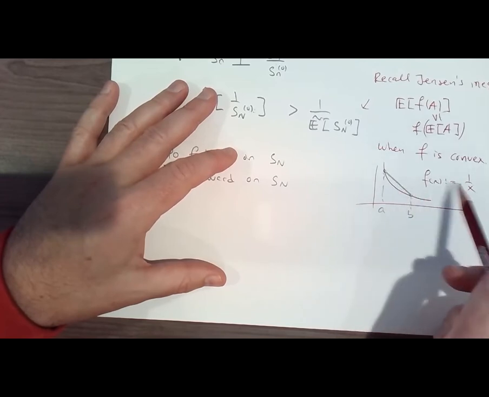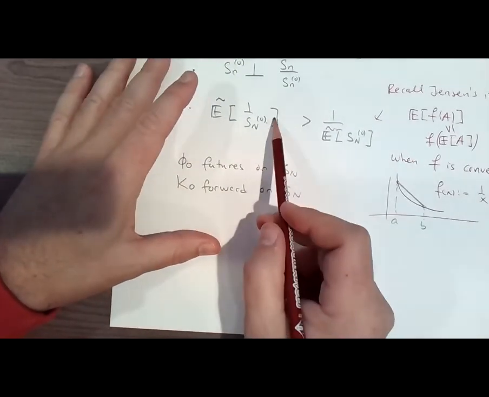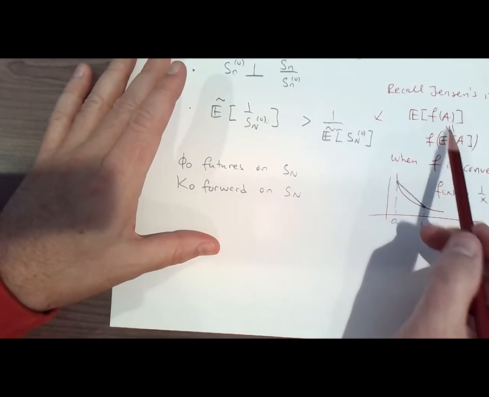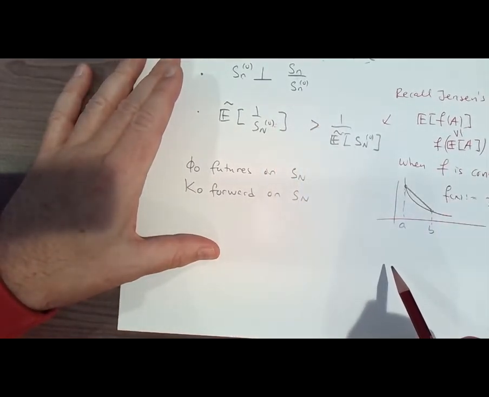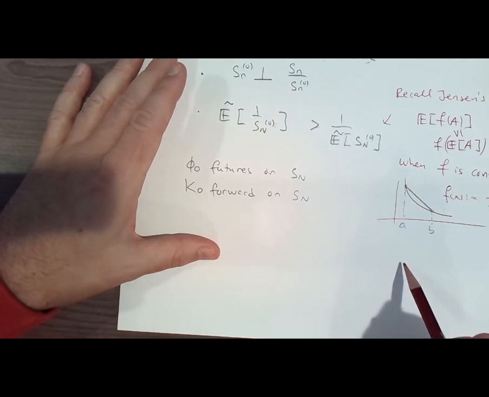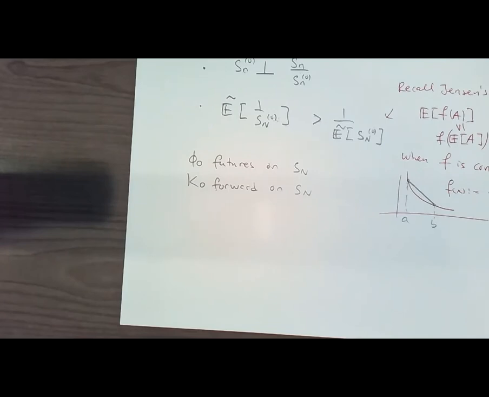So this 1 over x function is convex. And so Jensen says that you have greater than or equal to, and here we're saying we want to have strict. So that's probably going to be important somewhere in the argument.